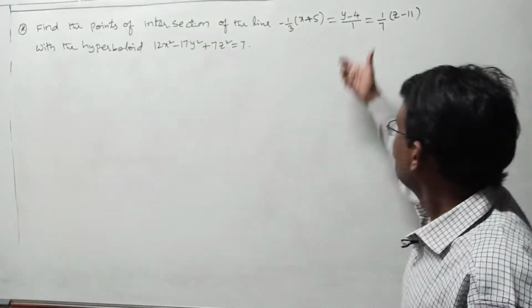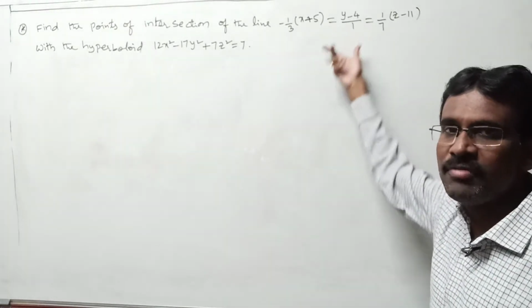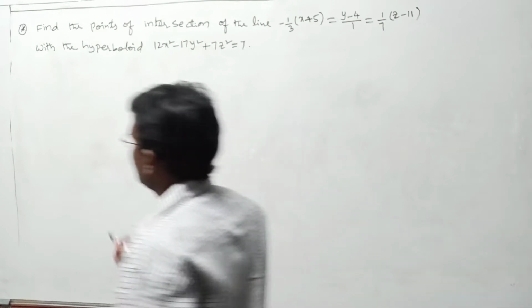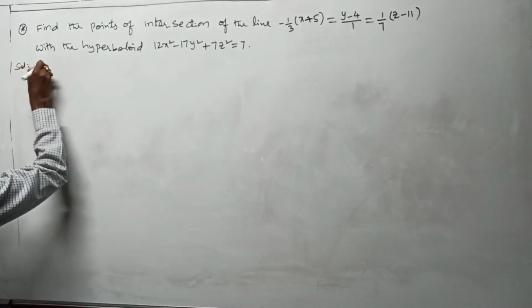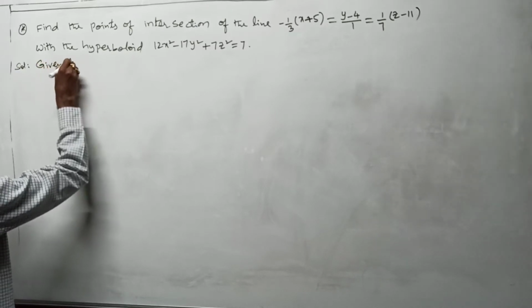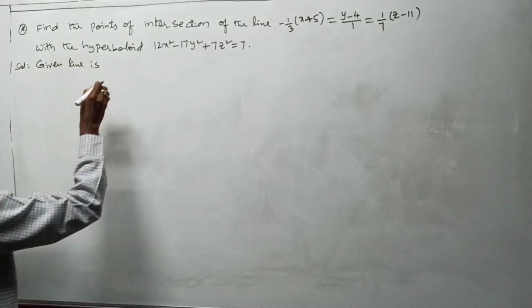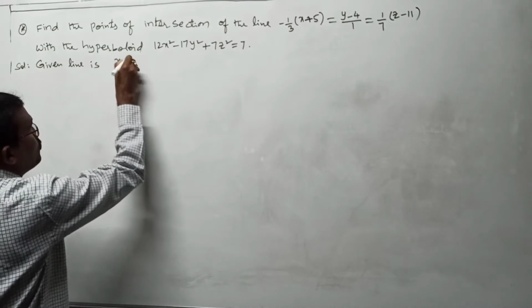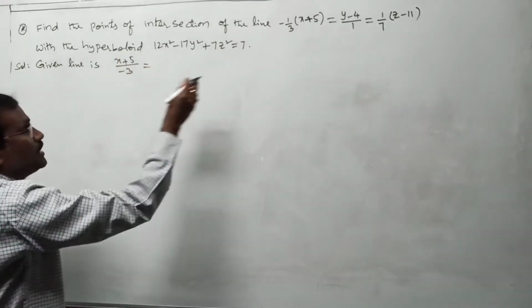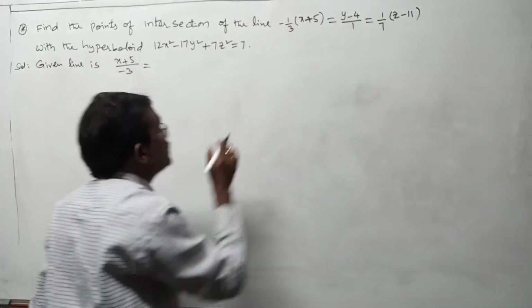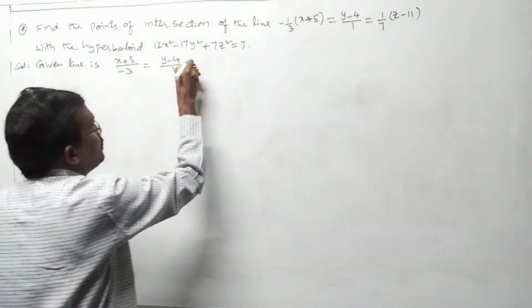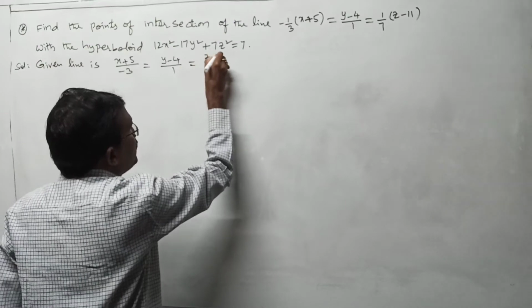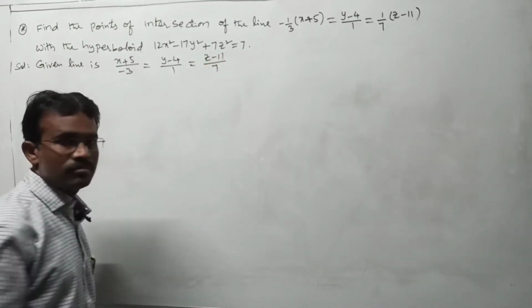For that, first let us take this line and define a general point on that line. Given line is (x + 5)/(−3) = (y − 4)/1 = (z − 11)/7.